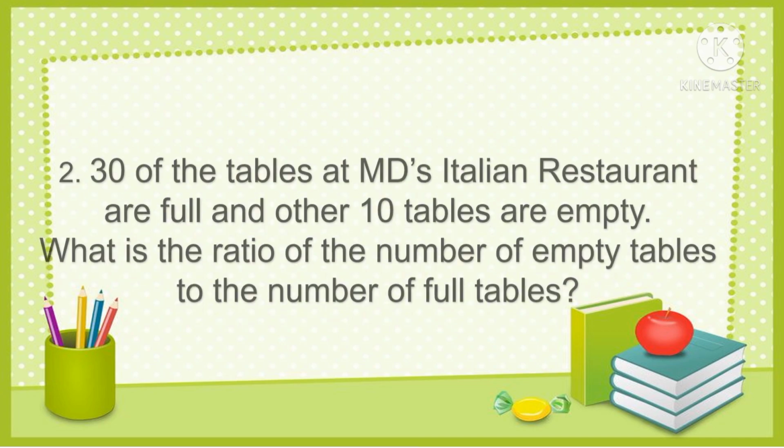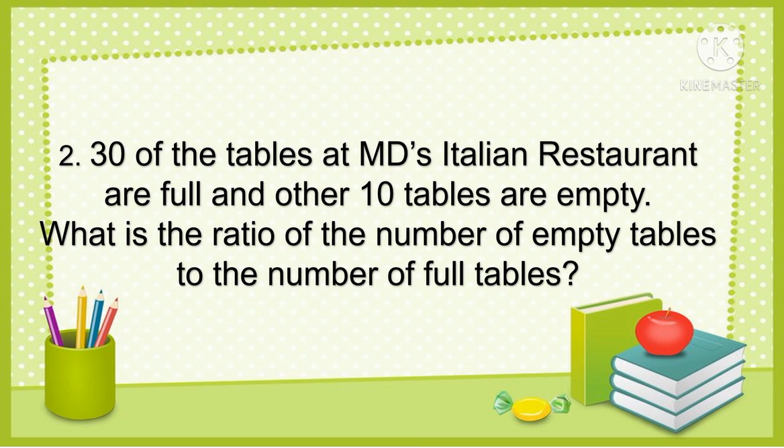Number 2. 30 of the tables at MD's Italian restaurant are full and other 10 tables are empty. What is the ratio of the number of empty tables to the number of full tables?